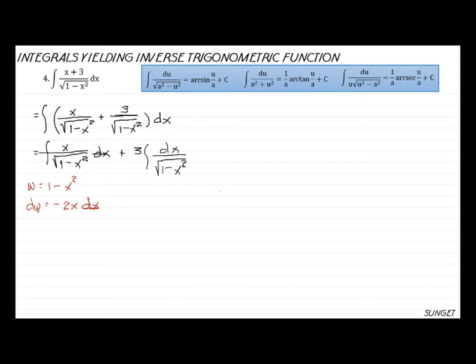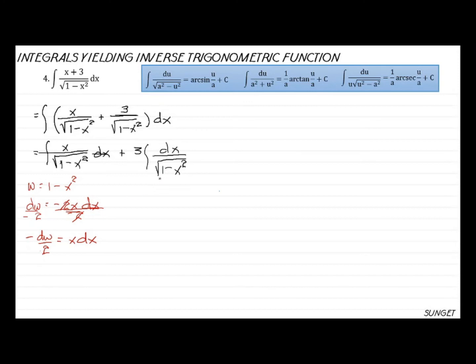So let's divide by negative 2. So cancel. So we have negative dw over 2 equal to x dx.